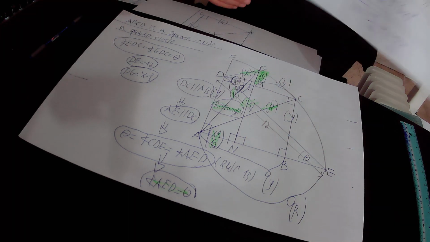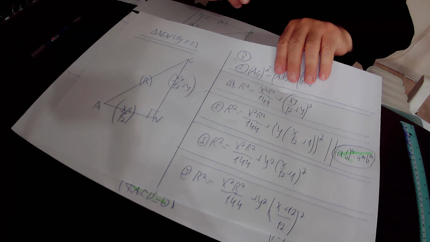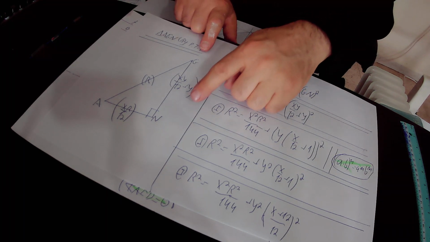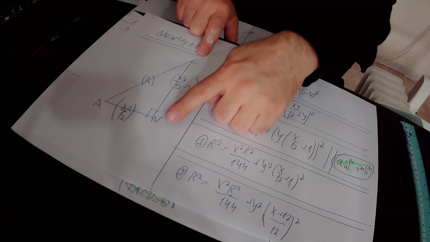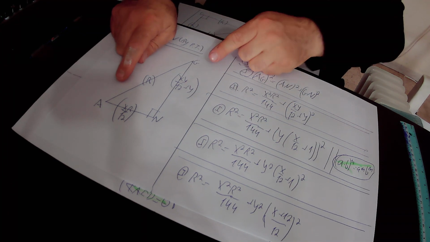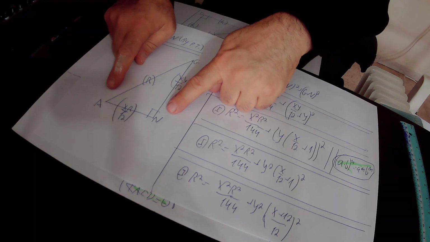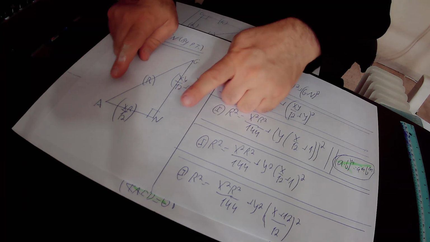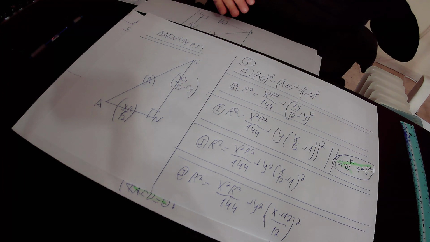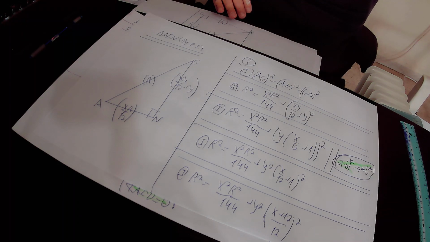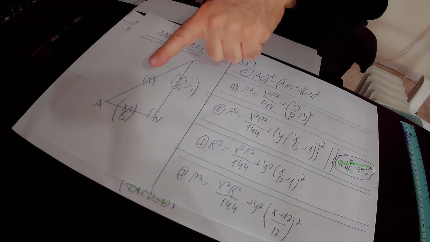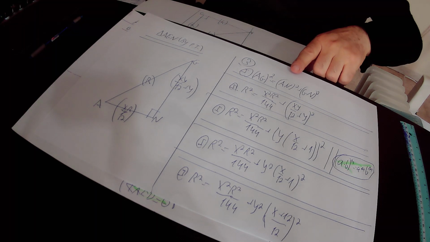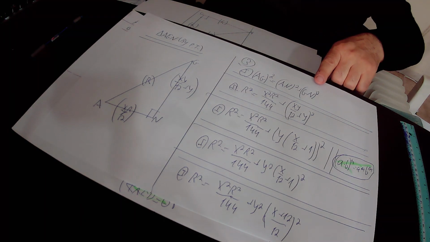Again, this is the right triangle AGN. Taking it from the original figure, we found that side GN equals xy over 12 plus y, the hypotenuse GA equals R, and AN equals XR over 12. According to the Pythagoras theorem, in this right triangle AGN, AG squared equals GN squared plus AN squared.